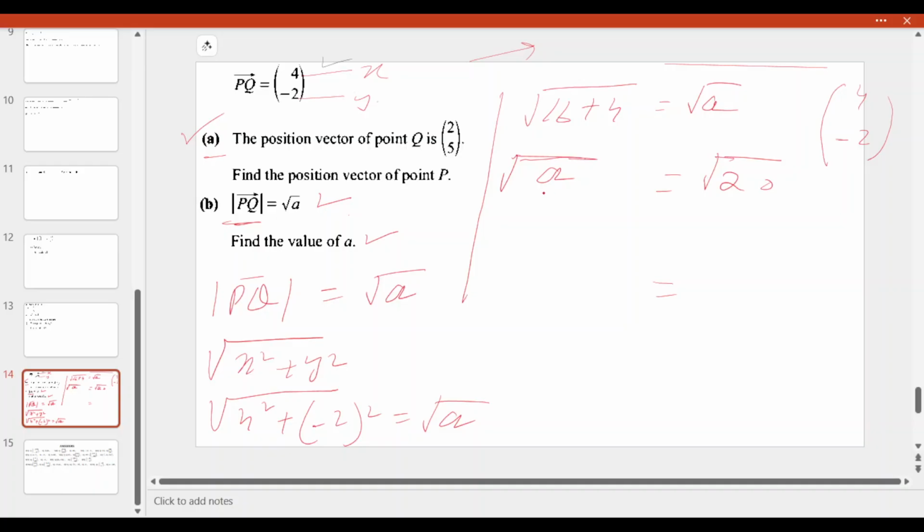Under the root there is A, under the root there is 20. So the value of A is equal to 20. This is the solution of the B part of the question.